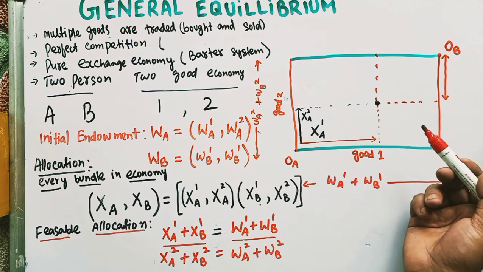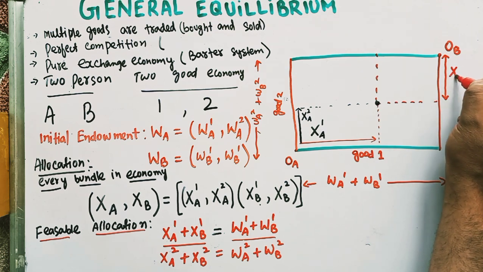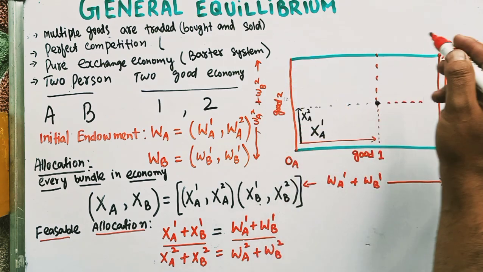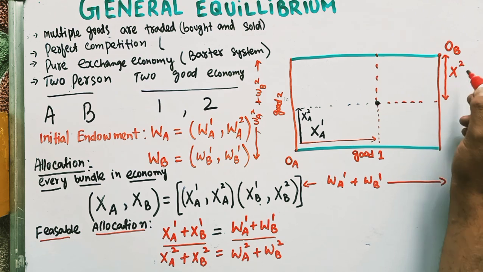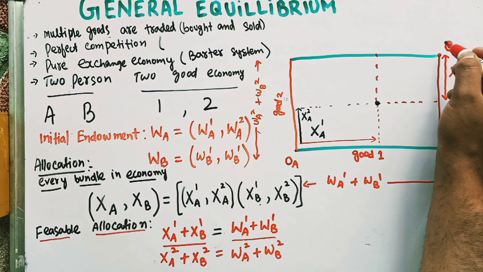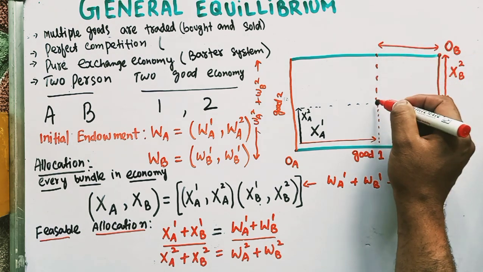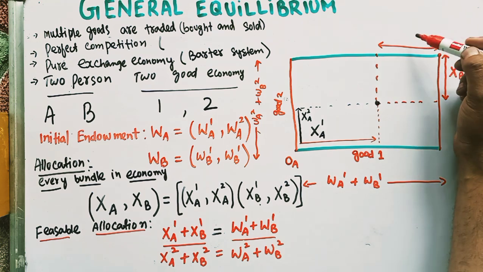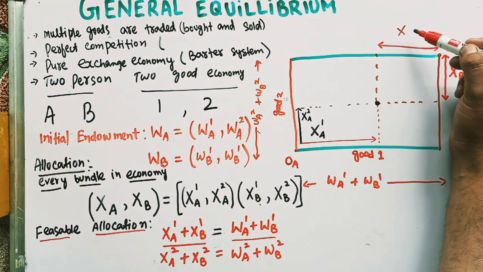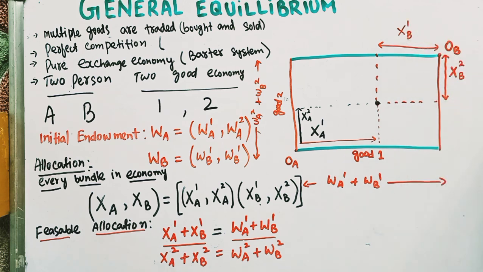On this axis we are measuring good 2, so this shows units of good 2 held by person B, and this will show us units of good 1 held by person B.